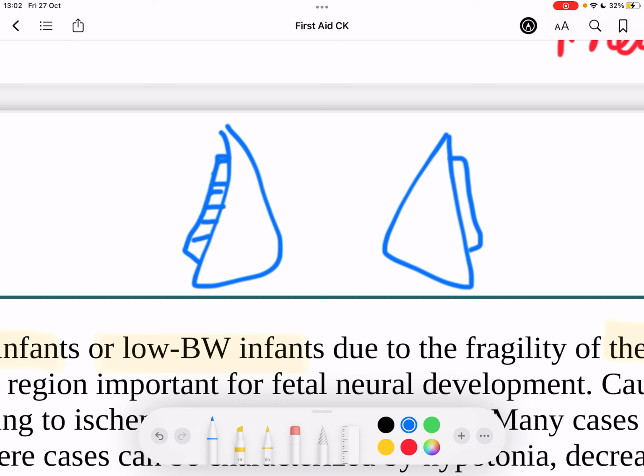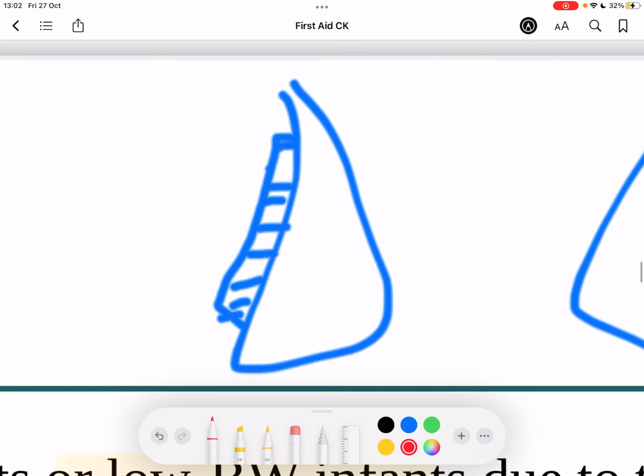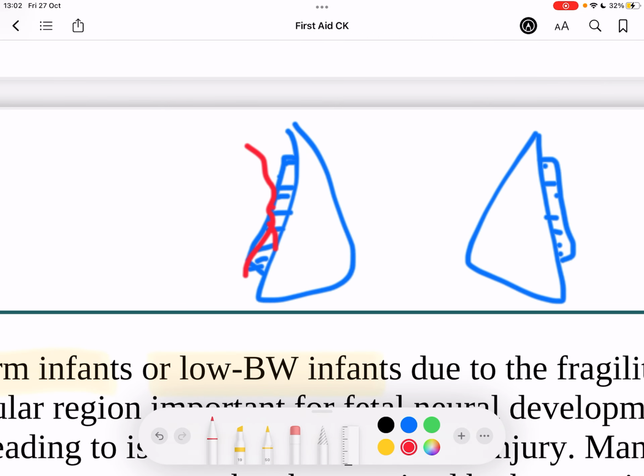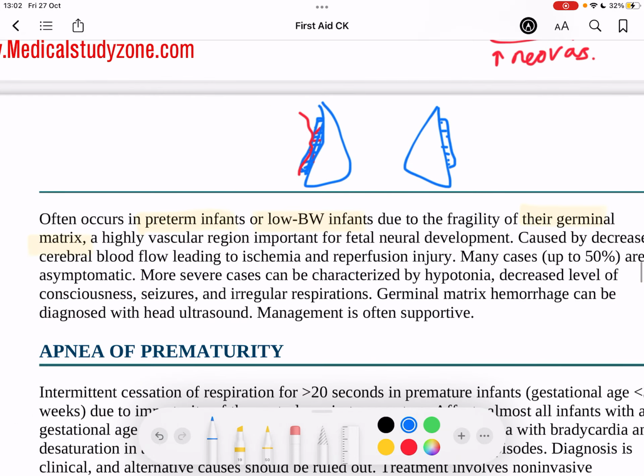This germinal matrix is naturally very heavily vascularized. There are lots of vessels here, and a really weak wall separates the ventricles from the germinal matrix. It's a very, very fragile area, and these vessels are very close to it.